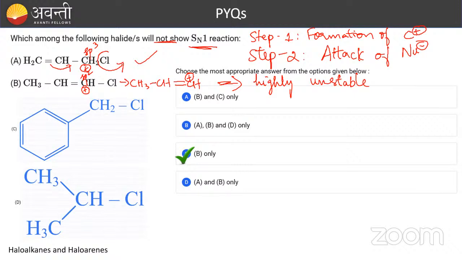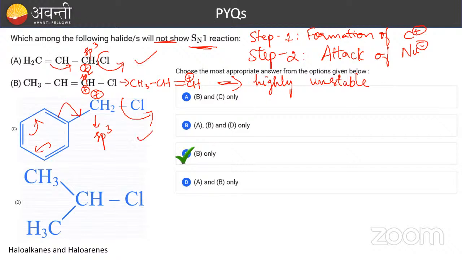When you go for the third compound, the halogen is attached to an sp3 hybridized carbon because it has only single bonds. Even after the leaving of Cl, we will get a carbocation, and that is a benzyl carbocation, stabilized through resonance. So SN1 will occur.